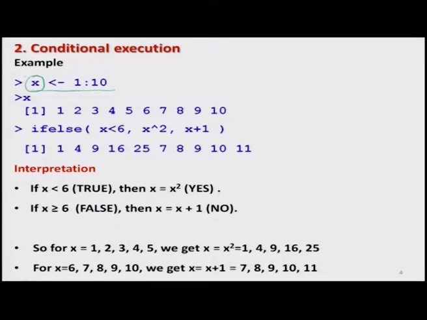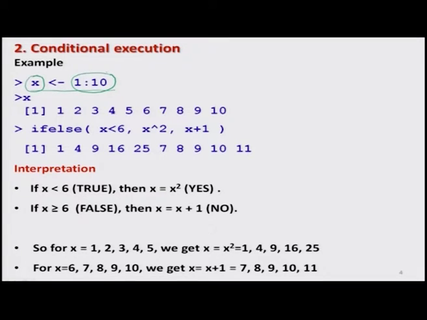So this statement x <- 1:10 generates a sequence of numbers starting from 1 to 10 at an interval of plus 1. You may be surprised how this statement comes into the picture, but as I told you earlier, very soon we will be discussing all these different possibilities to generate numbers or data sets.